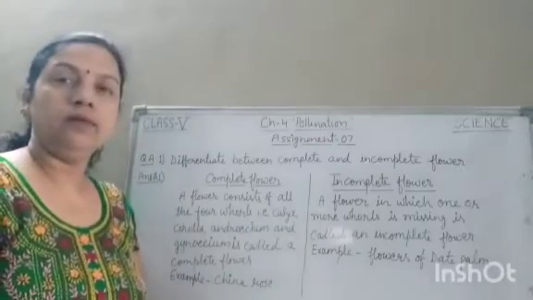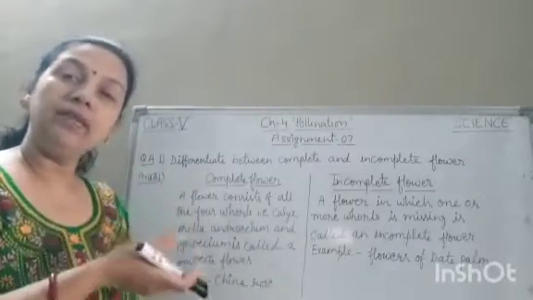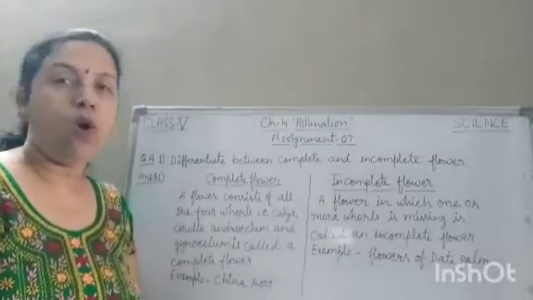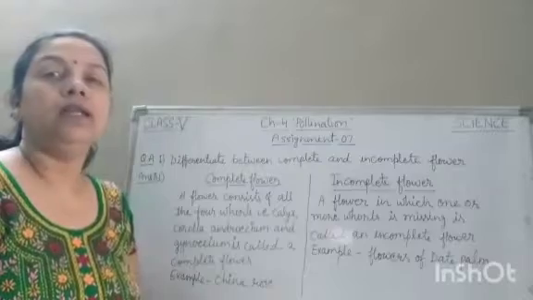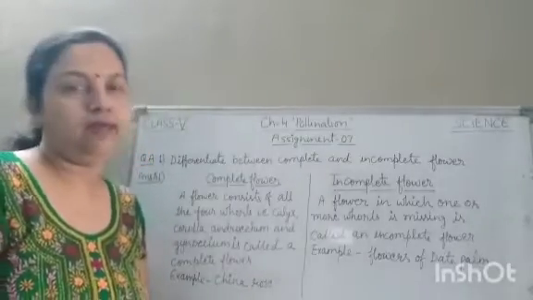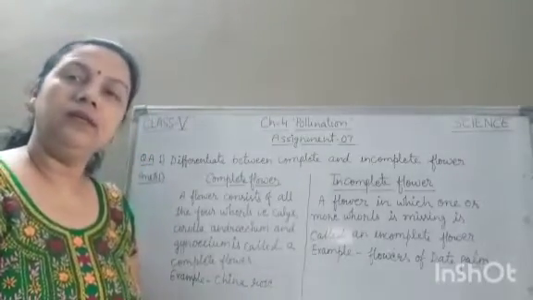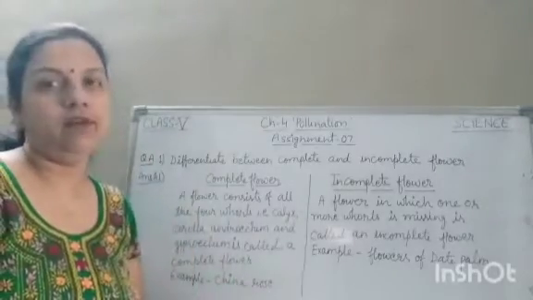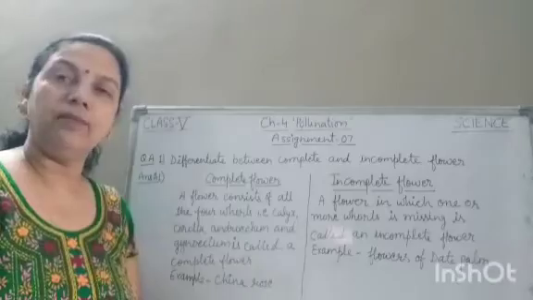So what is a complete flower and what is an incomplete flower? The flower which has all 4 whorls is known as a complete flower, and the flower which is missing any one or more than one whorl is known as an incomplete flower.